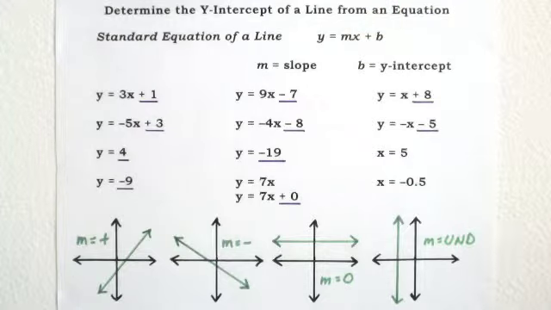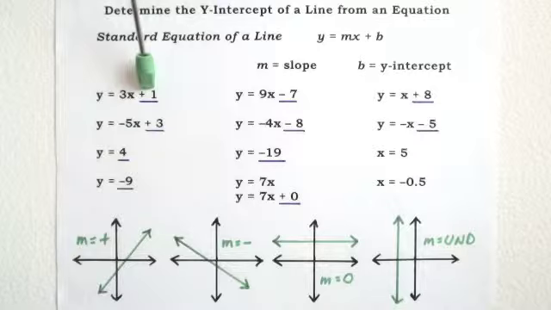To determine the y-intercept, all I have to do is read what this last part is, plus b. The y-intercept is this portion of the equation. The location where this line crosses the y-axis is this portion of the equation. So in this first example, this line crosses the y-axis at +1.